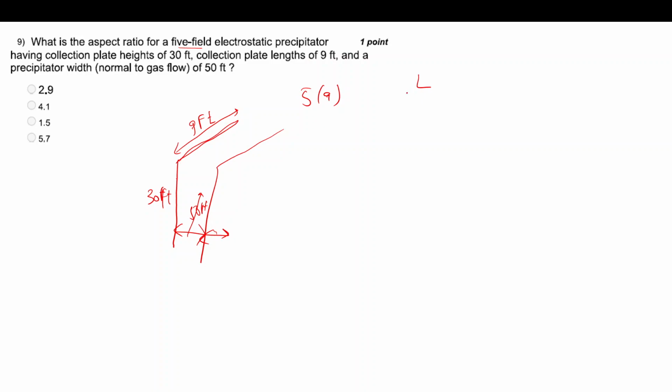Aspect ratio is nothing but length per unit height. So it will be 5 times 9 divided by height, which is 30. So it will be 45 by 30, which comes out to be 1.5.